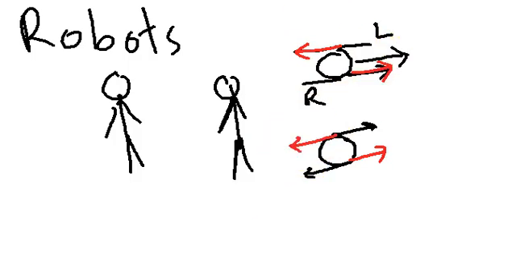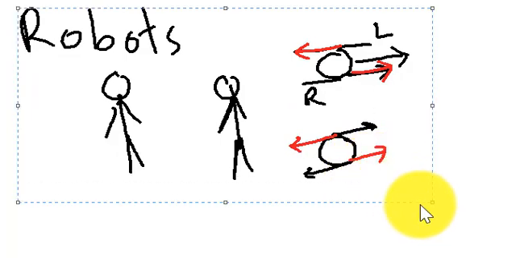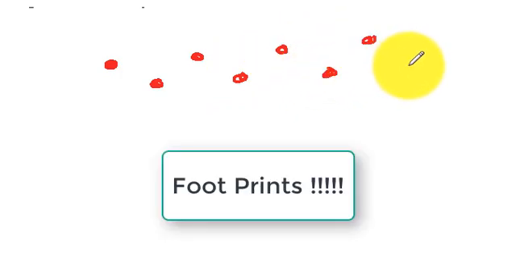Now, the next point is, when they walk, what will happen? They will have certain steps. See this. When one robot walks, left leg, right leg, left leg, right leg, left, right, left, right.